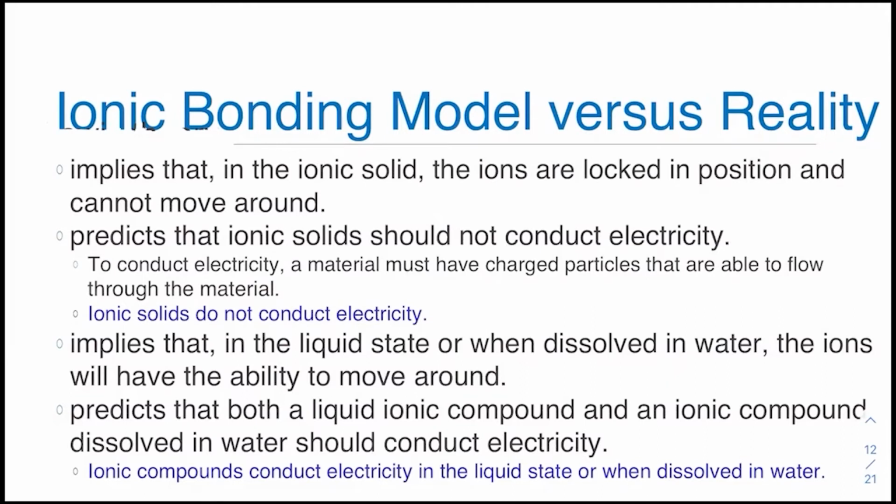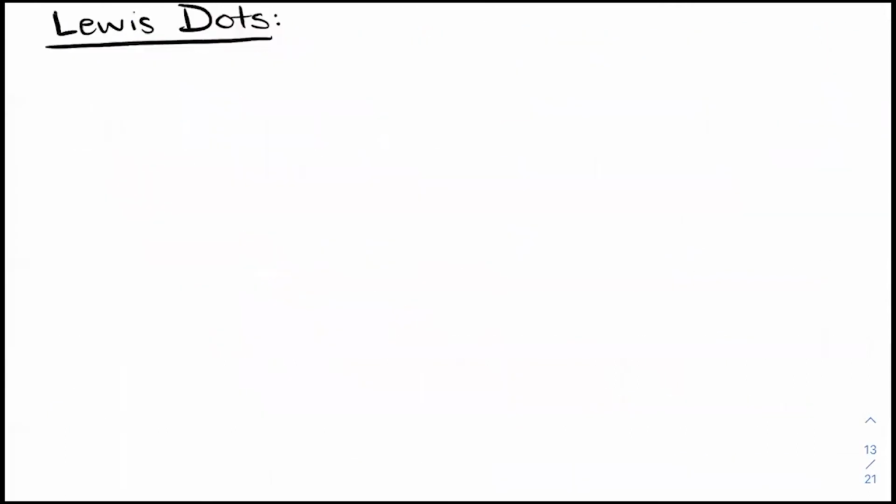However, we can't just put a light bulb in sodium chloride and expect something to happen. And when in the liquid state or when dissolved in water, the ions have the ability to move around. We'll talk about what that looks like a little bit later. And it predicts that's when the ions are free flowing and can actually conduct electricity. Very interesting.